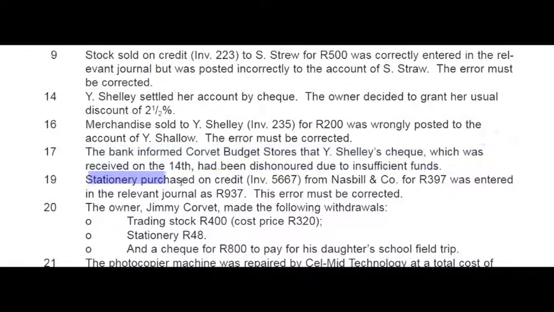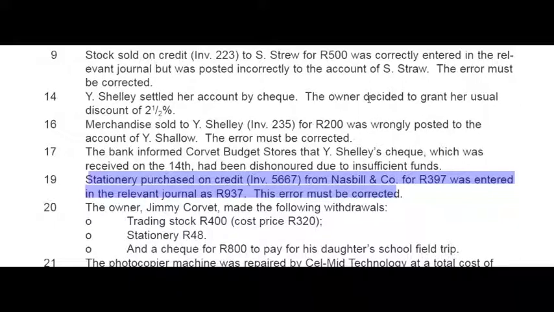Then the next transaction on the 19th said that stationery purchase on credit was entered in the relevant journal as 937 Rand, but it only cost us 397 Rand. So we calculated the amount as 540 Rand that was debited to stationery too much and credited to creditors control too much.